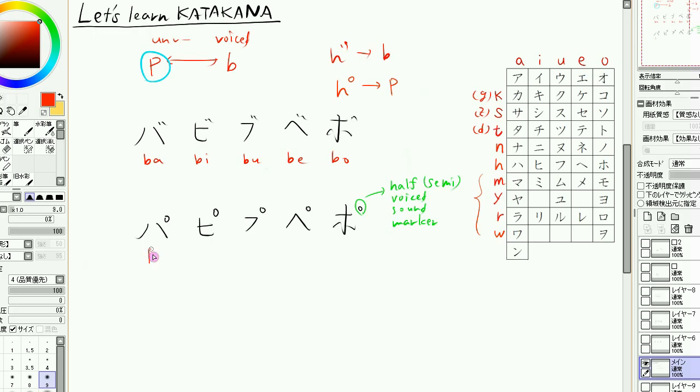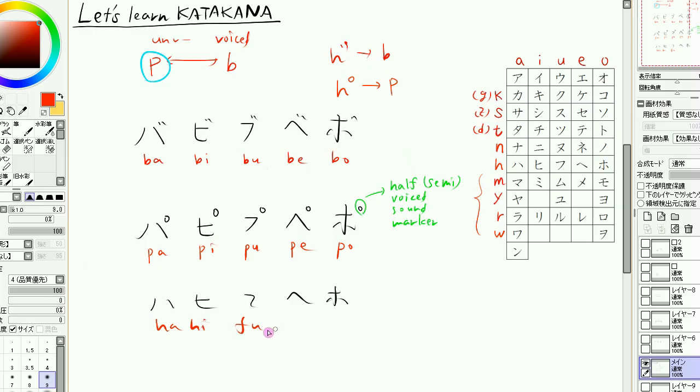So remember, this is pa, pi, pu, pe, po. And the normal version of the H row was ha, hi, fu, he, ho.